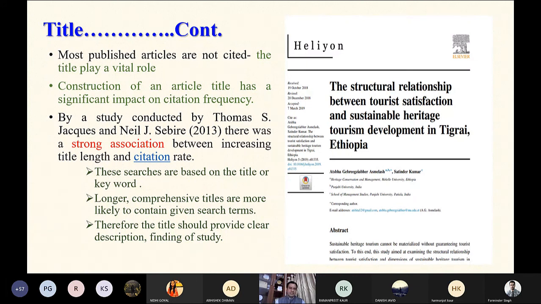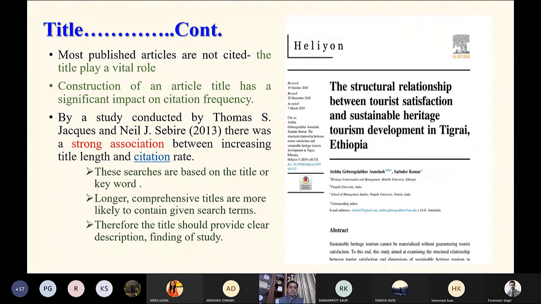But research done by different persons indicates that the length of the title and the citations are strongly associated with each other.